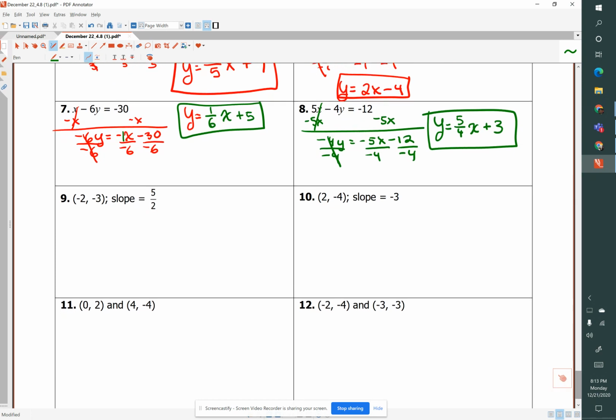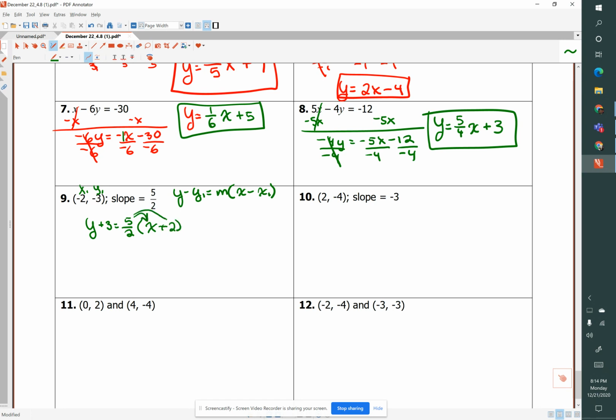So in number 9 and 10, we're given the point and a slope. So the slope and a point, excuse me. So we'll use the point slope formula, which is y minus y1 equals m times the quantity of x minus x1. So here's my x1 and my y1. So it will be y minus -3, which is plus 3, equals that slope of 5/2 times the quantity of x minus -2, which is plus 2.